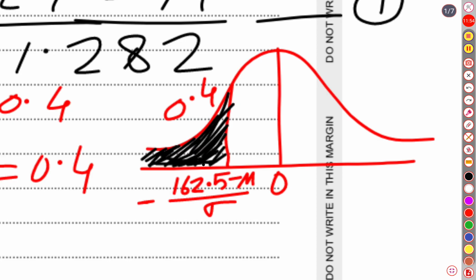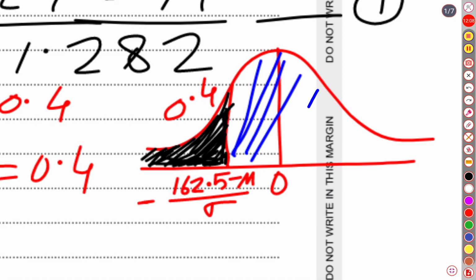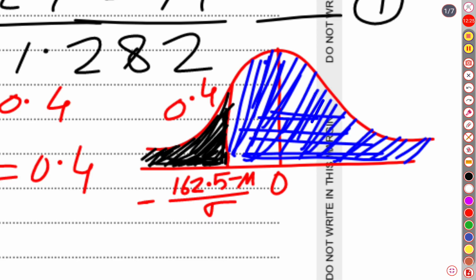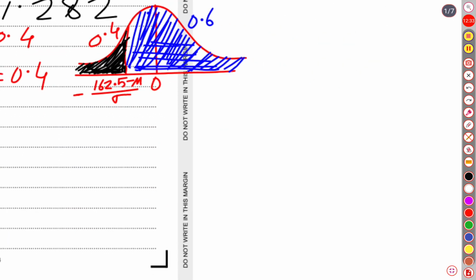Well, if this is our probability, 0.4, what about the probability on the right side? If this is 0.4, this portion should be 0.6, isn't it? Will you agree with me that this probability must be 0.6, because we know the total probability is 1. What have we learned from this figure?